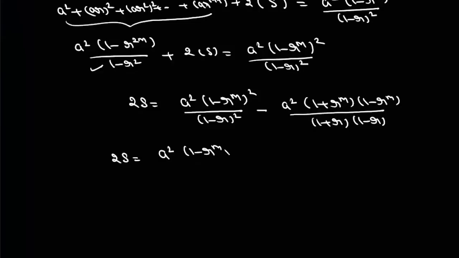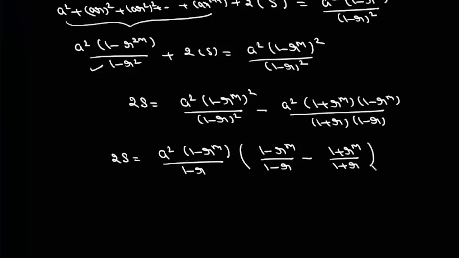So we can write 2S equals a square into 1 minus r to the power m upon 1 minus r, and then what you're left with is 1 minus r to the power m upon 1 minus r minus 1 plus r to the power m upon 1 plus r. Now this a into 1 minus r to the power m upon 1 minus r is nothing but sum of m terms, which is Sm.